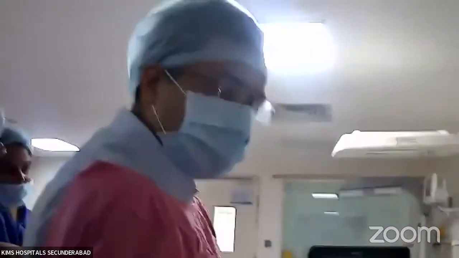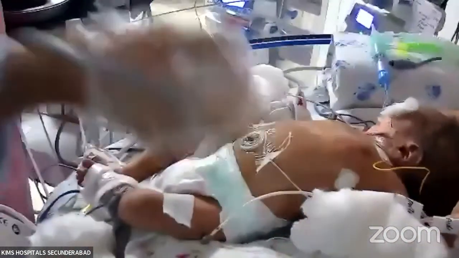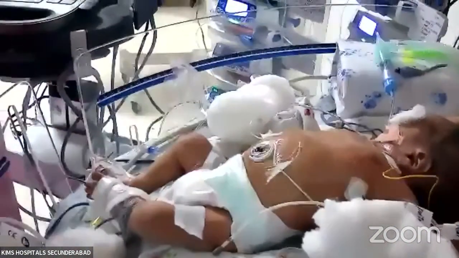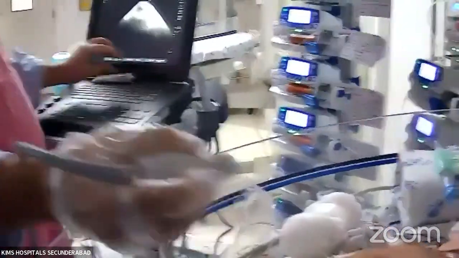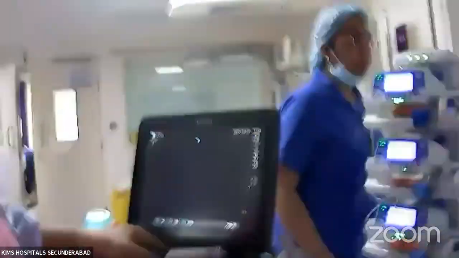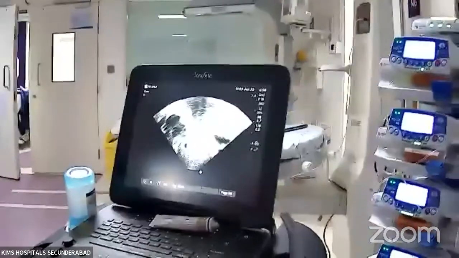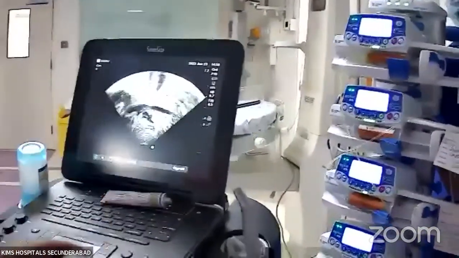And second thing, now the position of the lines. There are two lines now, just flush the venous line. Sometimes they will tell you whether the flush is there or not. Flush venous line please. The umbilical venous line will be in the ductus venosus, through the ductus venosus. So we have to flush and see. See, this is the IVC. Whatever we flush should come through this.